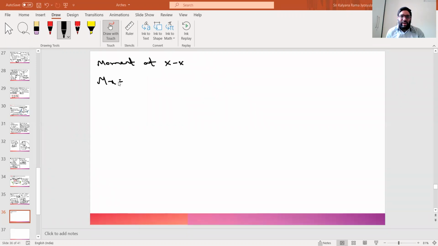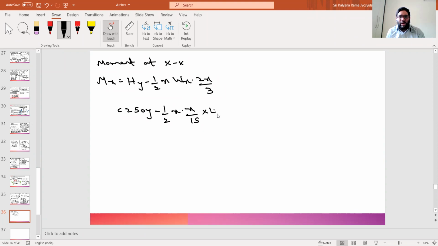H into y minus half x into that load Wx into 2x by 3. Center, no? 2x by 3. So substitute the values. So that is equal to 250y minus half into x into x by 15 into 40 into 2x by 3.